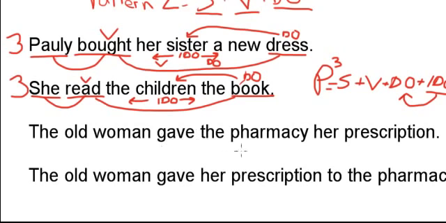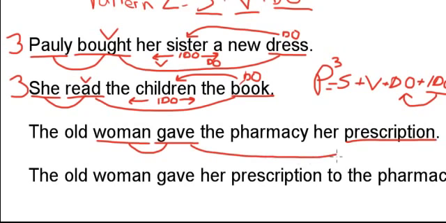The old woman gave the pharmacy her prescription. Woman, simple subject. Gave is our simple predicate. Gave what? She gave her prescription. So there's our DO. And who received that prescription? The pharmacy did. There's our IDO falling between the verb and the DO, because that's where an IDO goes.